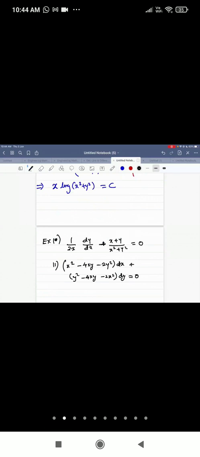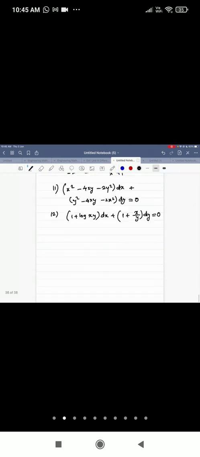And the 12th example that you can try for homework is (1 plus log xy) dx plus (1 plus x by y) dy equal to 0. Within 1 or 2 days on Moodle, the printed notes also will be shared. So you'll get a lot of exercise questions from there. Okay.